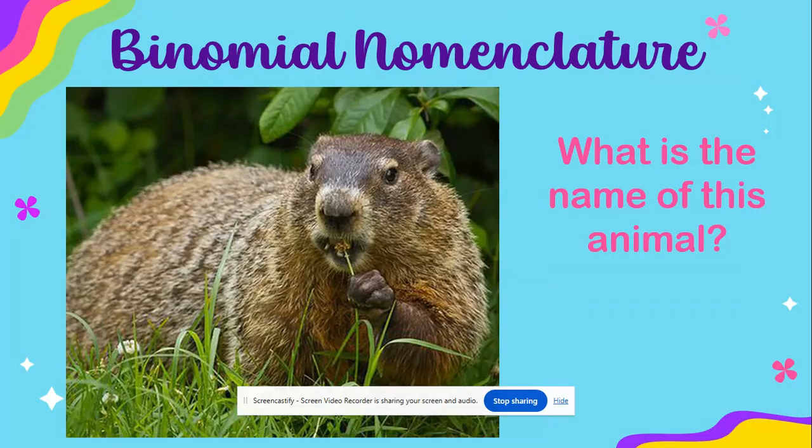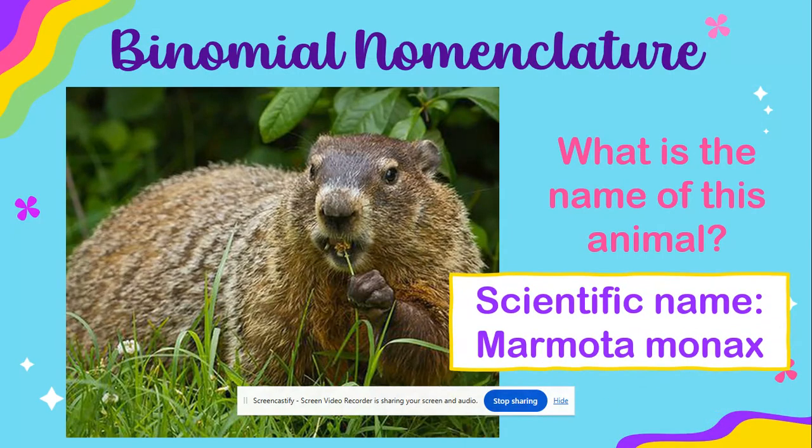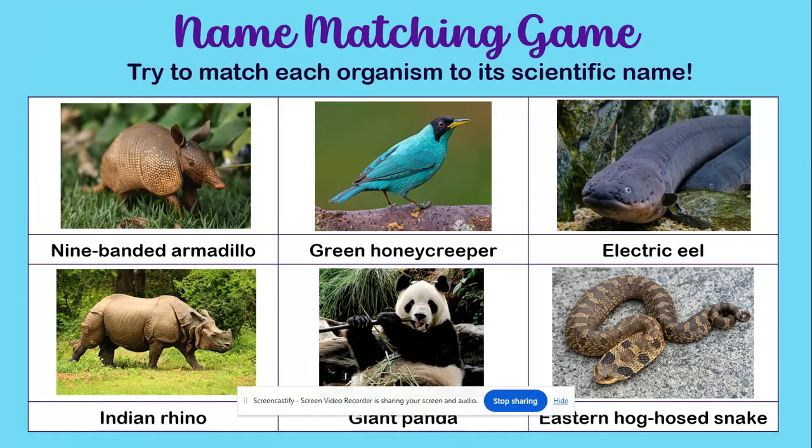So this is an animal that lives around here, and many of you maybe call this a woodchuck, many of you call it a groundhog. It's all the same animal, and its scientific name is Marmota monax. And we're going to get into why scientific names are important. So I'm going to have you try this first.